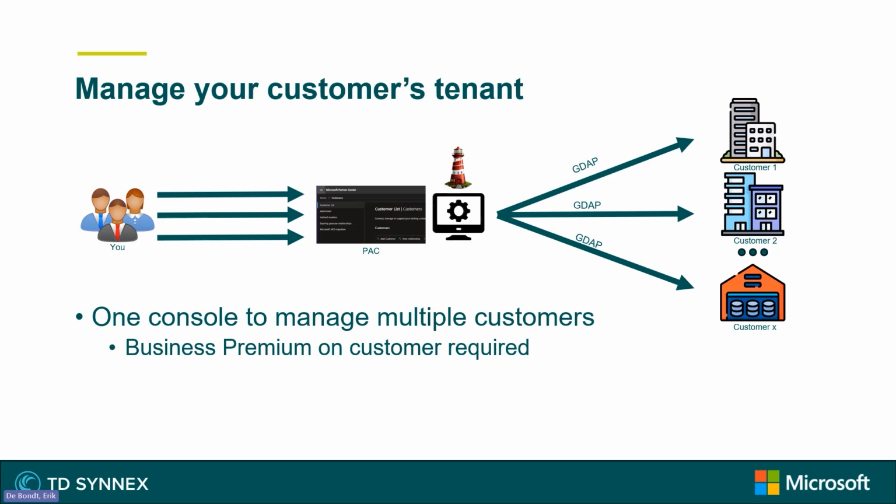Go into the console in Lighthouse, select your customers, and say apply, and it will be applied on all the customers in one go. There's one prerequisite: your customers need to have a Business Premium license or higher on their tenant to be able to use the Lighthouse administration. Okay.